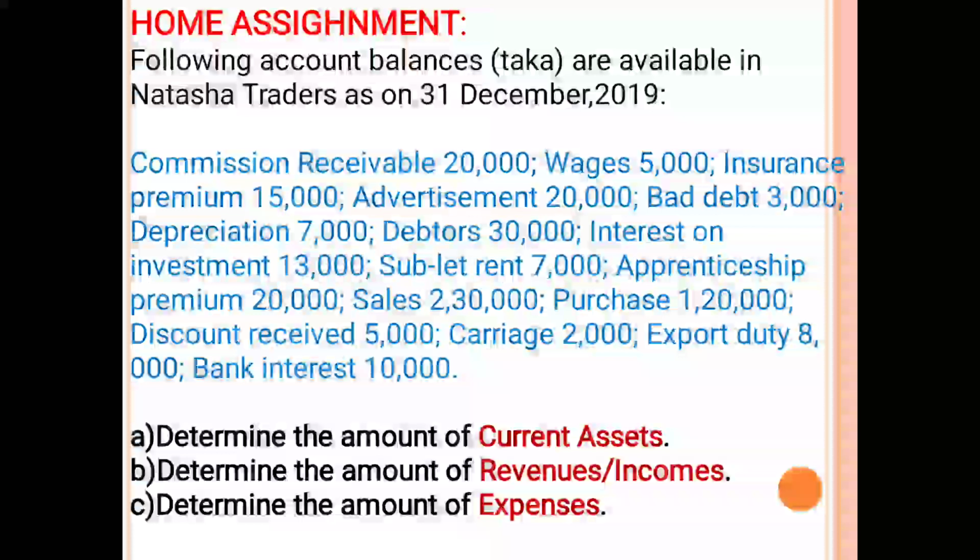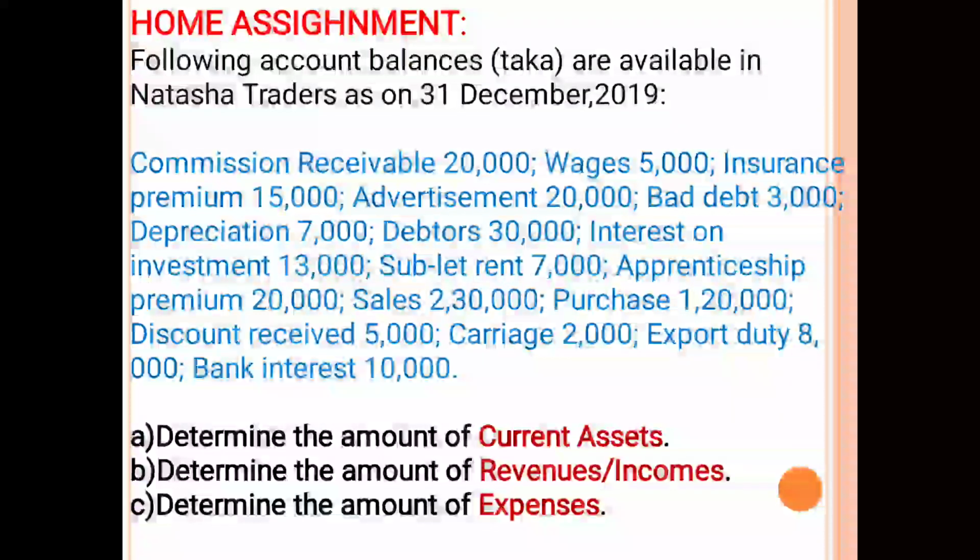Sublet rent: only rent is one kind of expense, but sublet rent is one kind of revenue income. Apprenticeship premium is one kind of income or revenue, that is revenue income, but apprenticeship allowance is all the time a revenue expense.